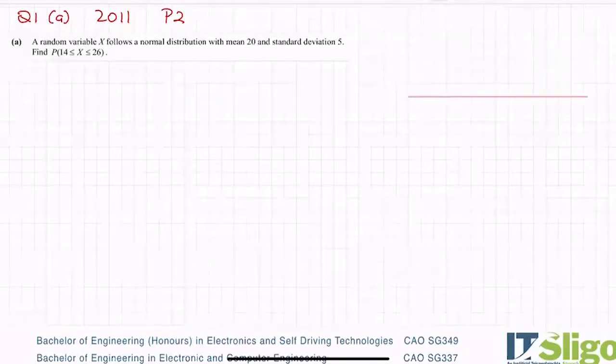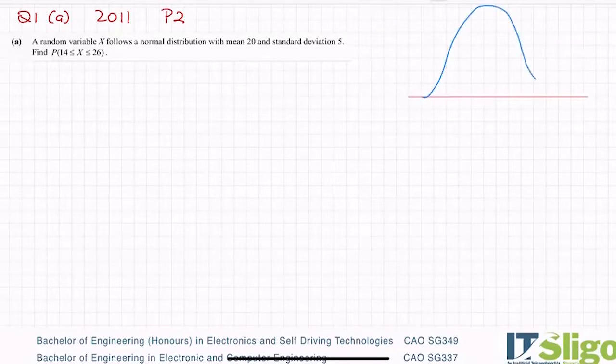Let's see if I can draw a diagram to help explain what's going on. That's supposed to be symmetrical, as you know. My mean in the middle is 20. I then split this into 3 standard deviations, so 1, 2, 3, and then 1, 2, 3.